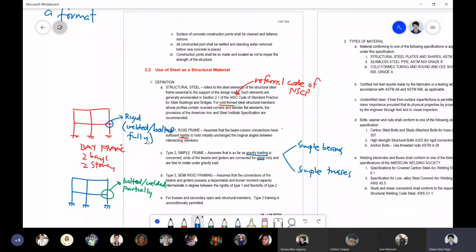Okay. So when you say fully, the type of connection is very well designed so as not to allow any rotation. So rigidity has something to do with almost zero relative rotation.